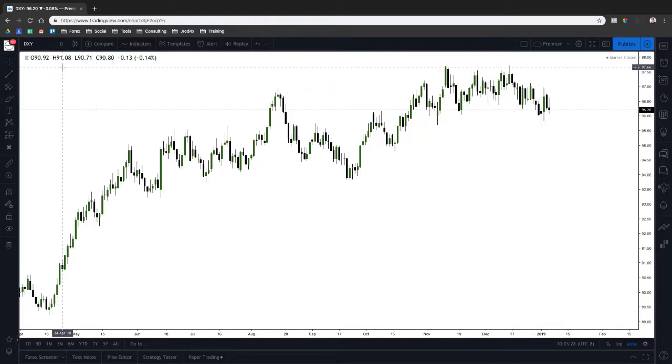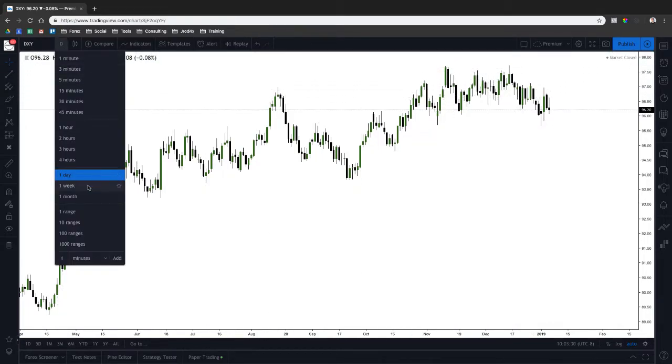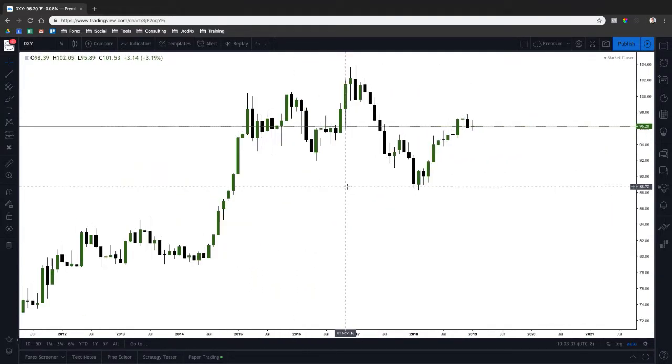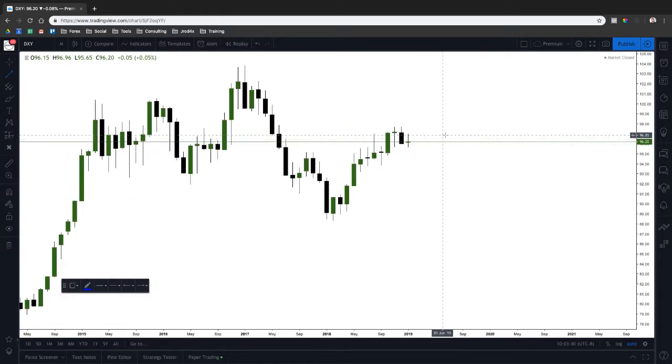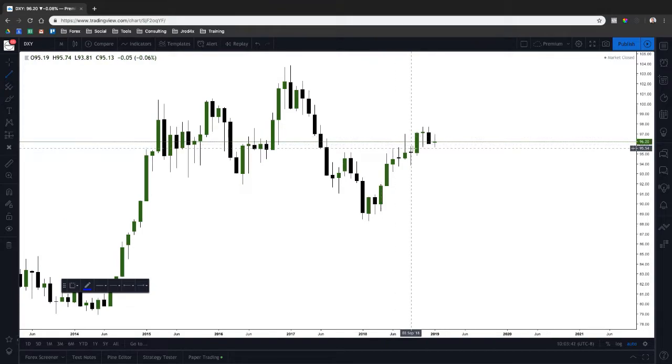So let's get started with the dollar index, and we're going to go out to a monthly perspective, and I'm going to grab my trend line. So looking at this market, I still think dollar index is going to run up higher because of the fact that we've come down here, and we took the liquidity below this low, and from there we pushed all the way back up, and this is basically a break in market structure.